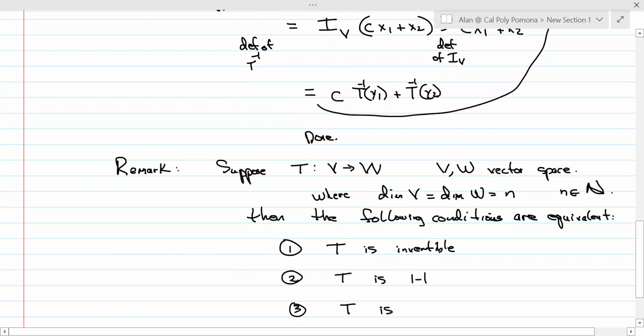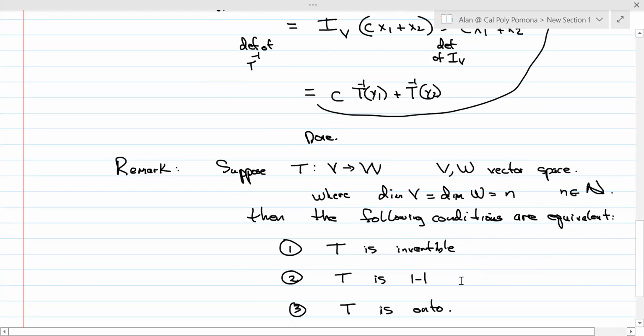Three, T is onto. Okay, so their little remark here is saying that if this is the situation you're in, where the transformation is going from one vector space to the other, but the vector spaces have the same dimension, then if any one of these conditions hold, then all three hold.